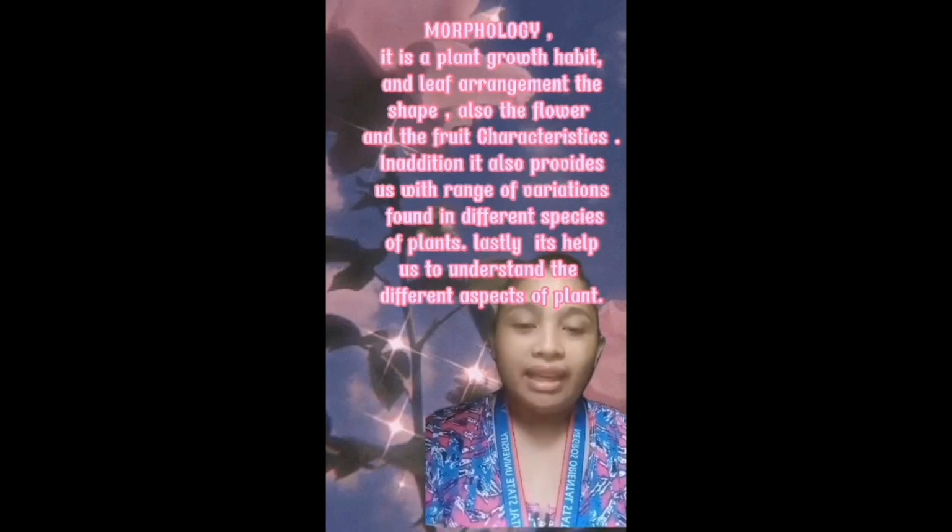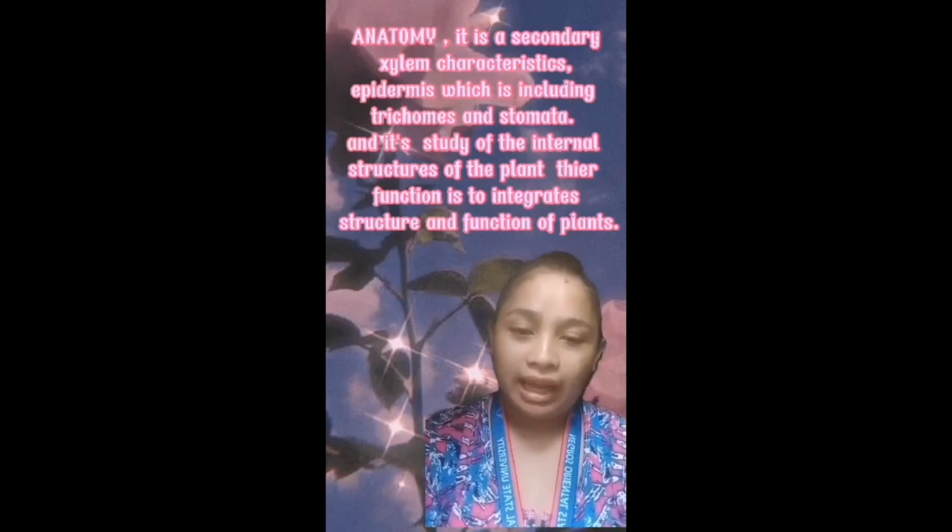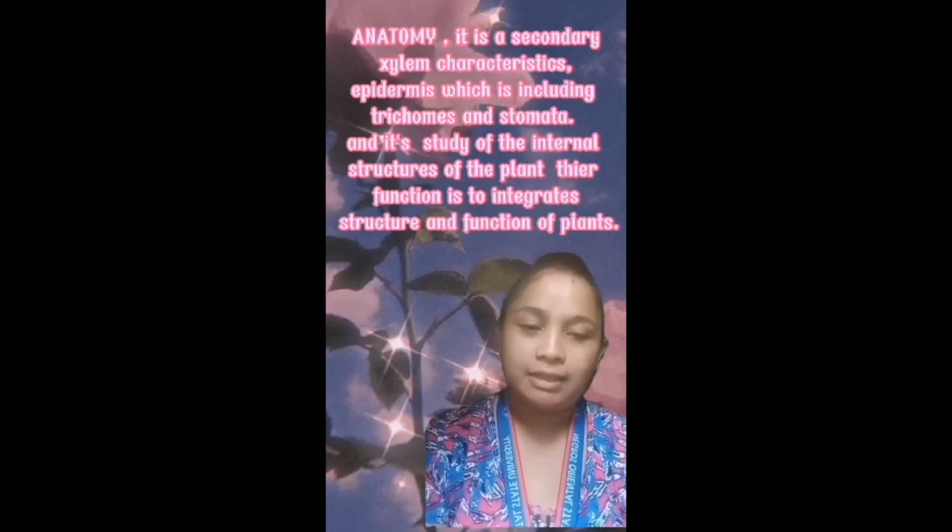Lastly, it helps us to understand the different aspects of plants. The second is anatomy. It covers secondary characteristics, the epidermis, including rhizomes and stomata, and the study of the internal structures of the plant. Their function is to integrate structure and function of plants.